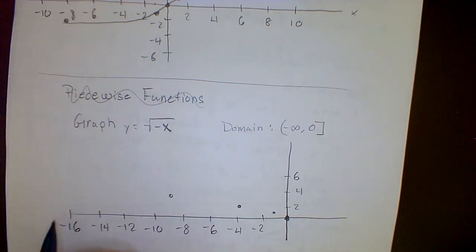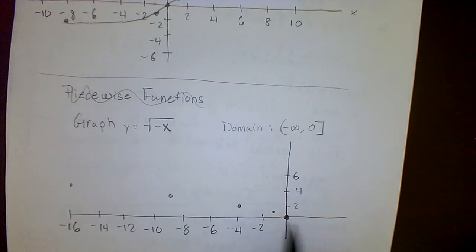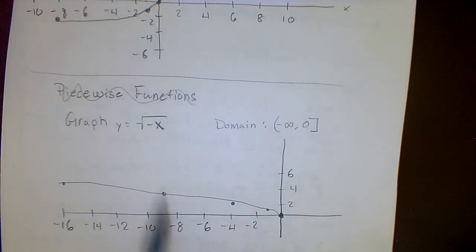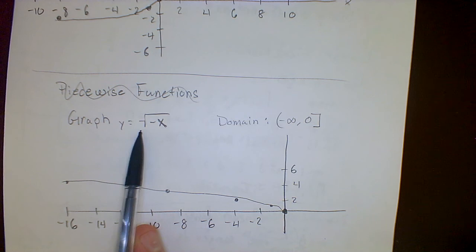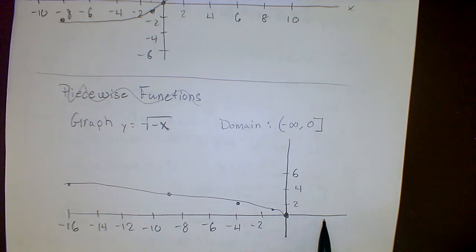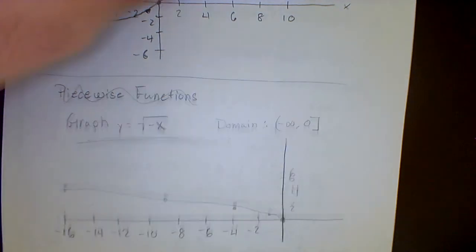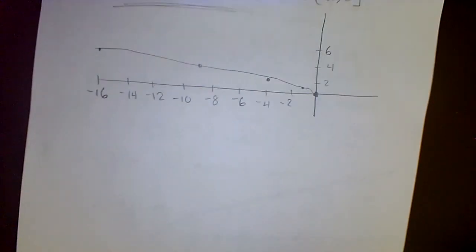And 16, you'd get up to 4. So, right. That's the graph of y equals square root of negative x, right? Because if I put in a positive number, you're taking the square root of a negative number in this function. Okay. All right. So let's move on.